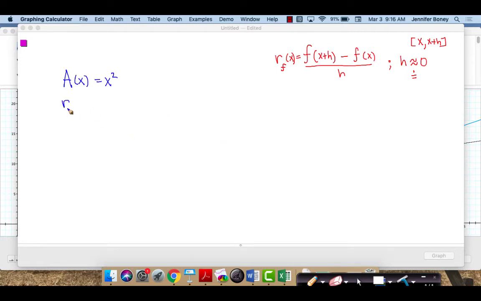The rate of change of function a with respect to x is given by a of x plus h minus a of x, all over h. And the only messy part to that is this a of x plus h part. I mean, a of x is x squared.